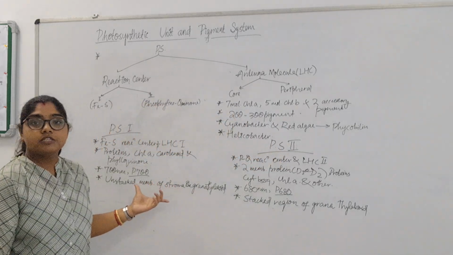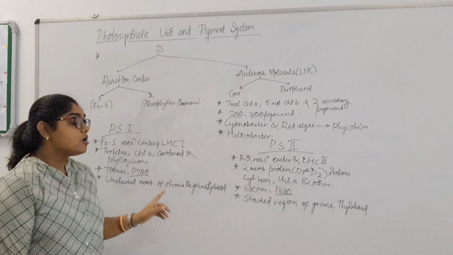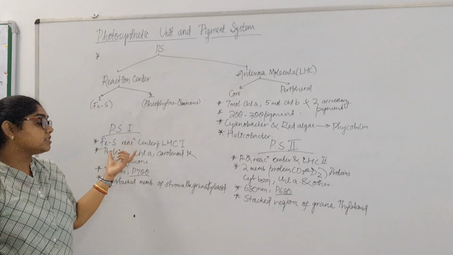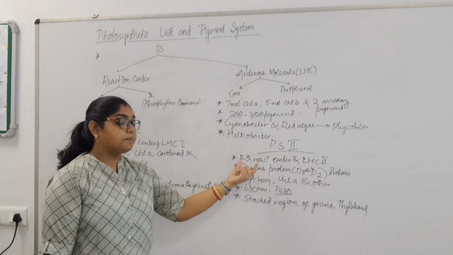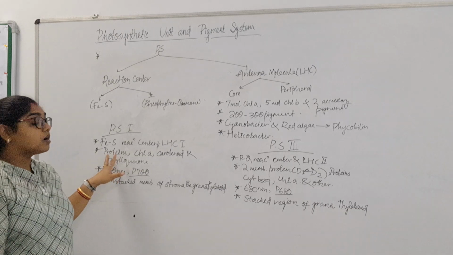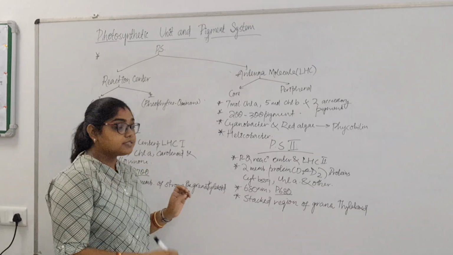Now we have understood these two pigment systems and the basic differences between them. Pigment system 1 has the FeS type reaction center. Pigment system 2 has the pheophytin type reaction center. Along with this, it contains proteins, chlorophyll a, carotenoid, phytoquinone and other factors.